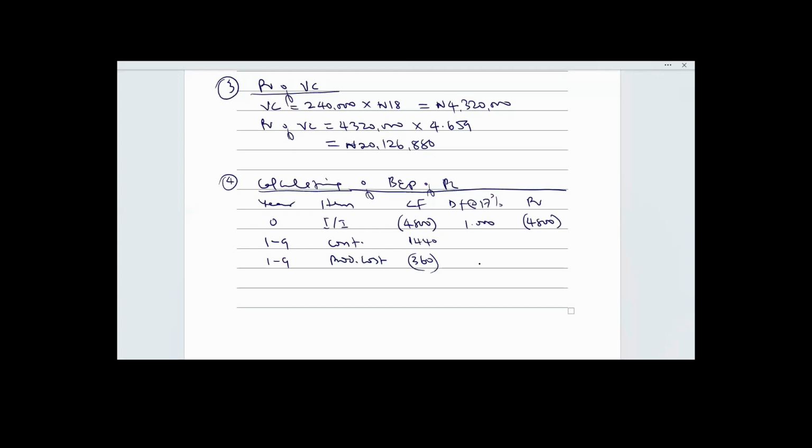Annuity factor. What's the annuity factor?